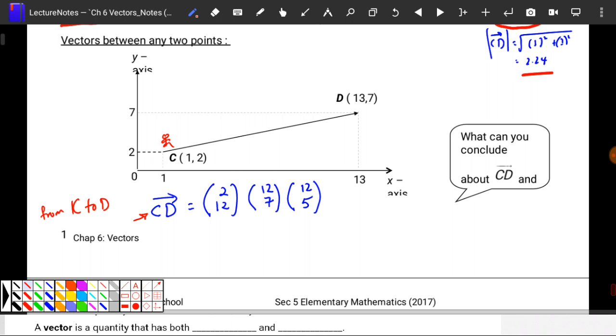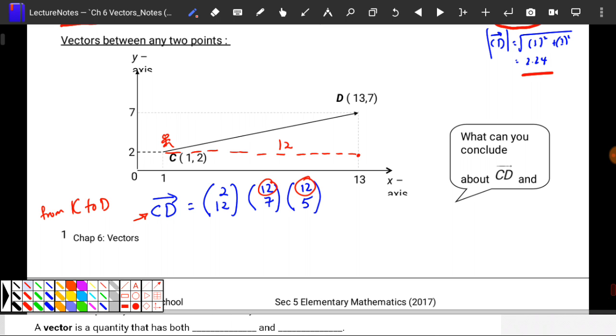How many horizontal units must I move? Horizontal from 1 all the way to 13. 12, right? So what you can do is draw a horizontal line. This is 12 units. So this is correct.